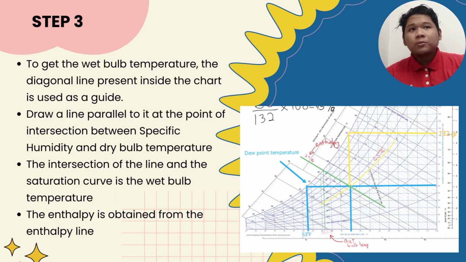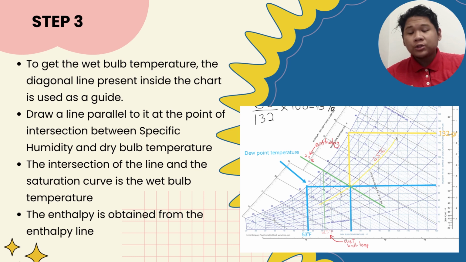To get the wet bulb temperature, we use the diagonal line inside the psychrometric chart as a guide. We need to draw a parallel line that runs through the intersection between the grain and the temperature that is given until it touches the saturation curve.